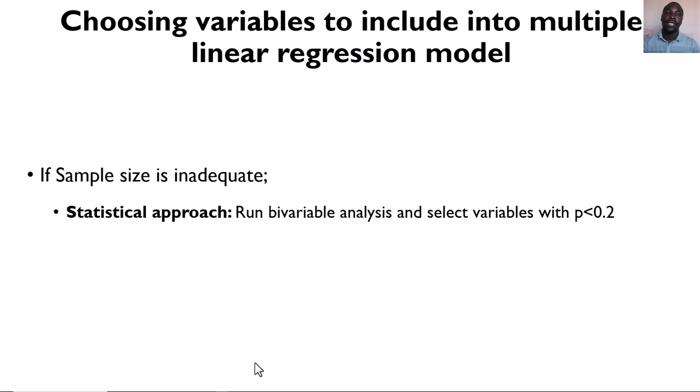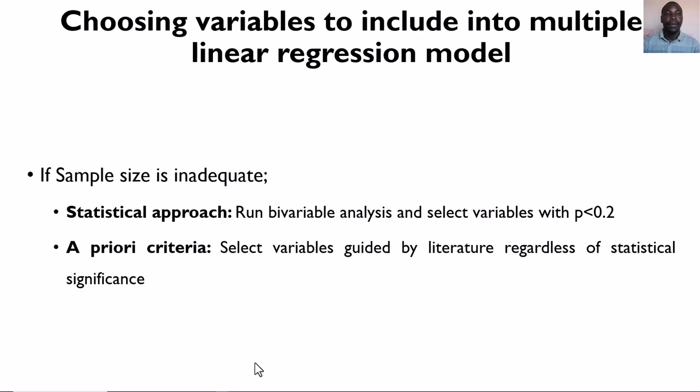Either you can choose the statistical approach. Statistical approach basically means doing a bivariable, others call it bivariate analysis, where you have your independent variable versus the outcome, only 2 variables into the model. And we select those variables that have a p-value less than 0.2. We shall be looking at this shortly.